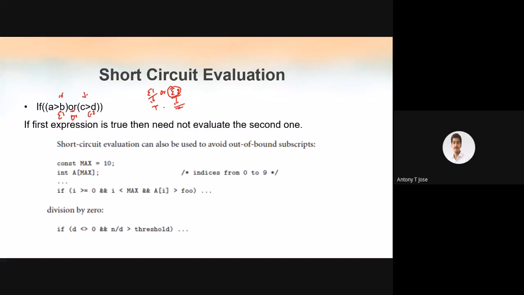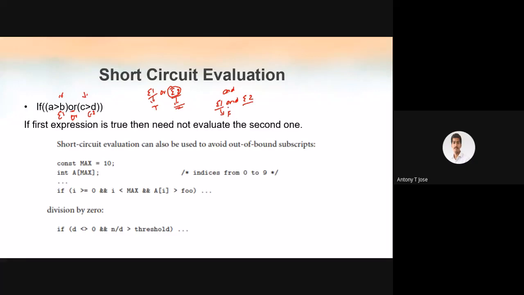Likewise, if I am using an AND operator and I write E1 and E2, and I evaluate E1 and know that the result is false, I need not evaluate E2, because whatever the value of E2, the result will always be false.